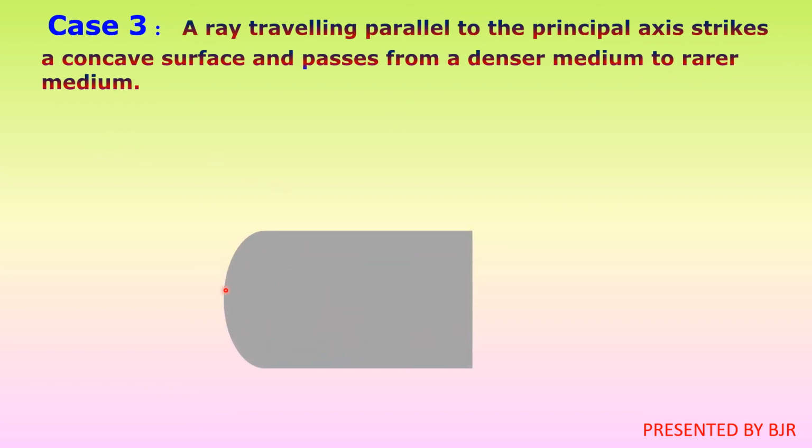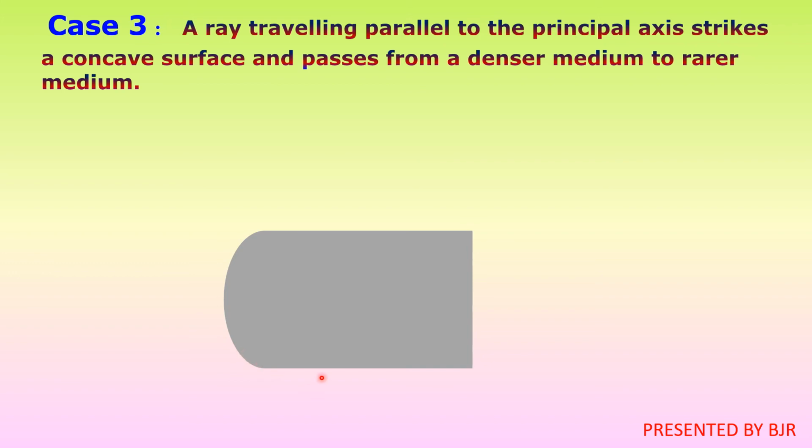Here is the curved surface, and I do not know whether it is the concave surface or convex surface. I cannot decide now itself, because with respect to the incident ray only, we have to decide whether that surface is the concave surface or convex surface. I already told you. So this is only just a curved surface.